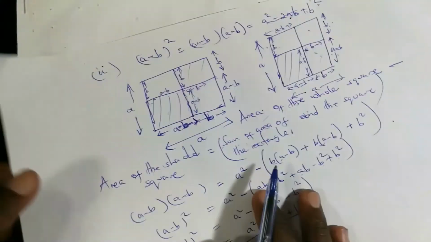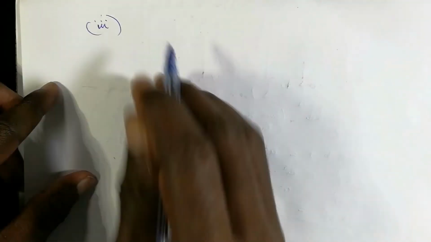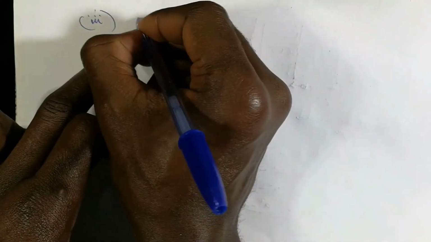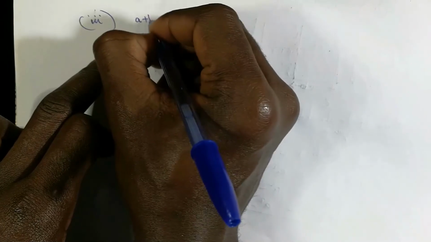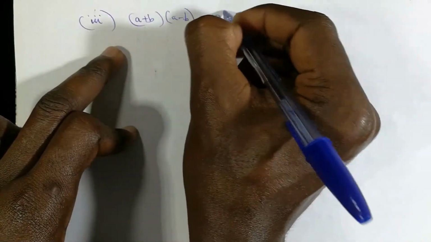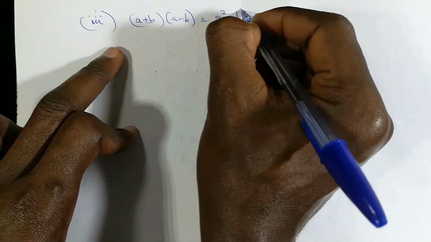We go to the last identity. Let me put Roman 3. We know that the last identity is a plus b into a minus b, giving us a squared minus b squared.